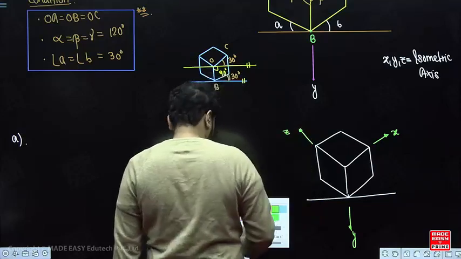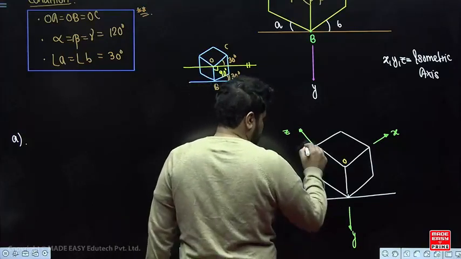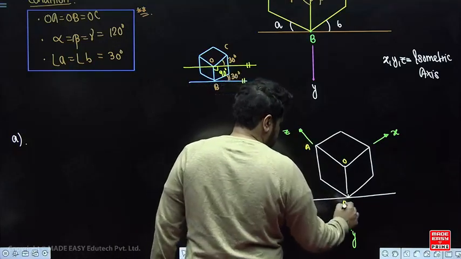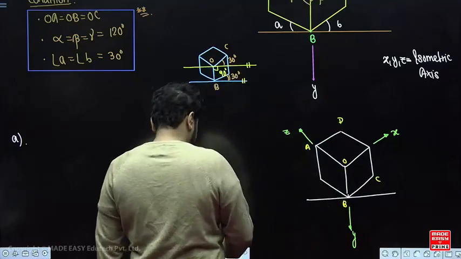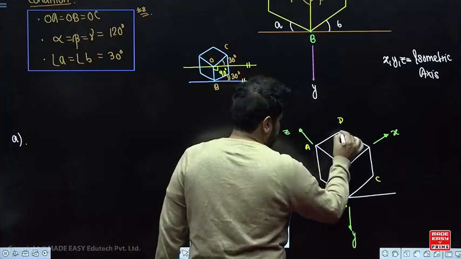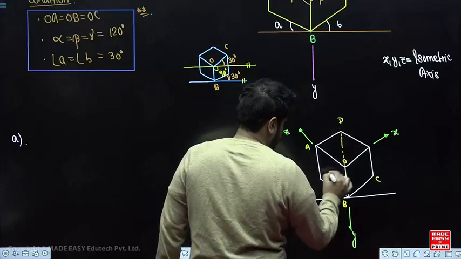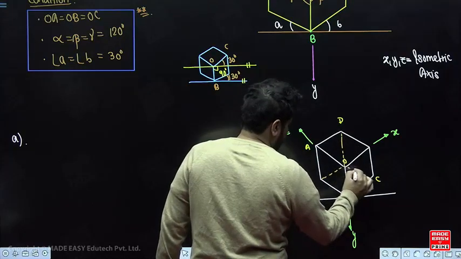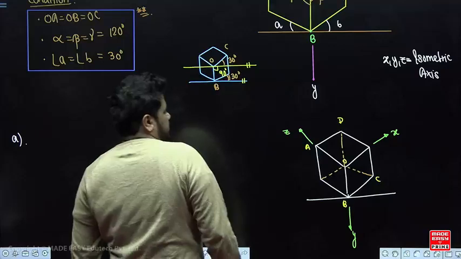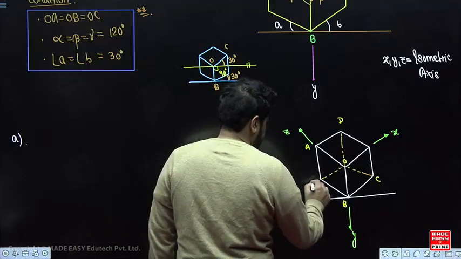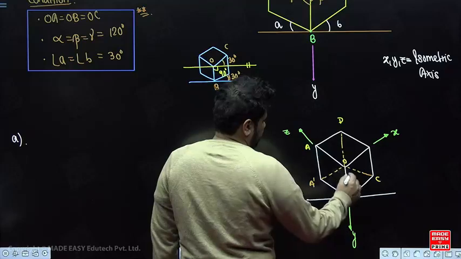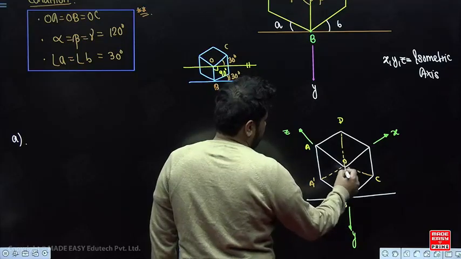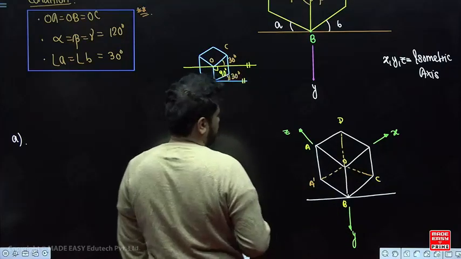I also said that this is O, this is A, this is B, this is C, and let us say this is D. If I can complete it, right, let us say this is your A dash, and O and D dash are coinciding at one point.